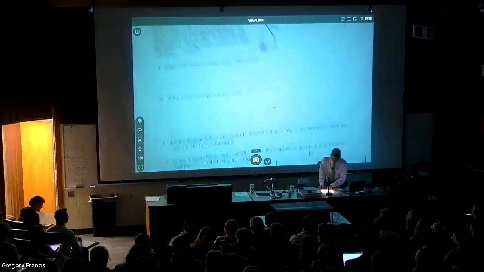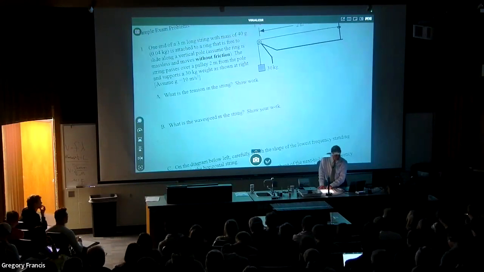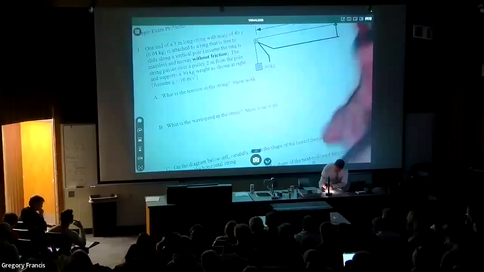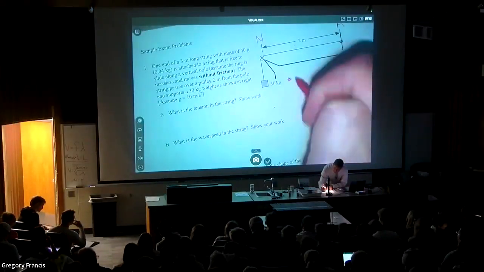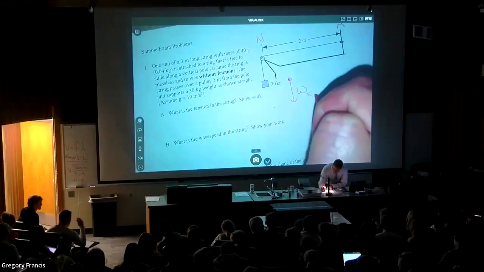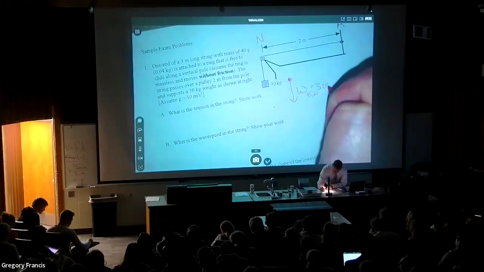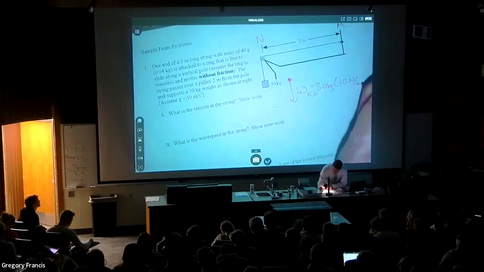So let's go back up here to the top. What is the tension in the string? Well, if I draw a free body diagram for that block, a 30 kilogram block is going to have a weight force, earth on the block, of 30 kilograms times 10 newtons for each kilogram.